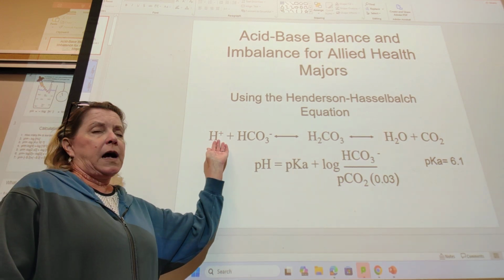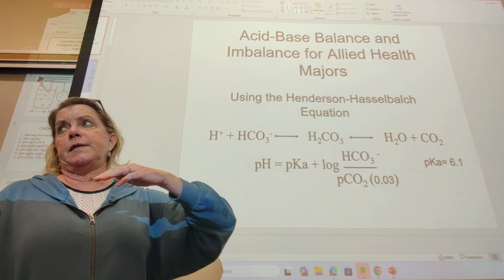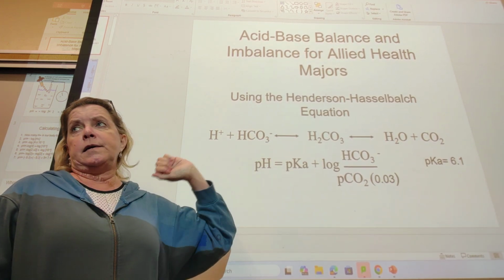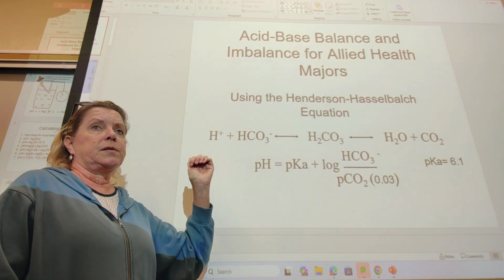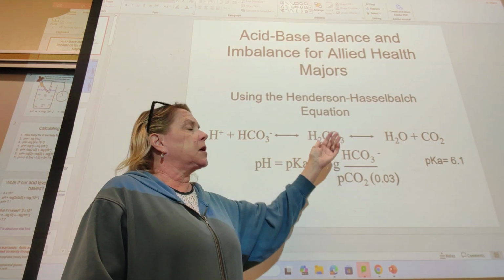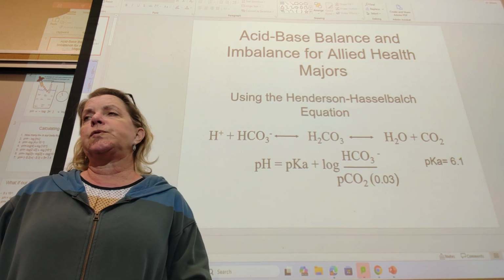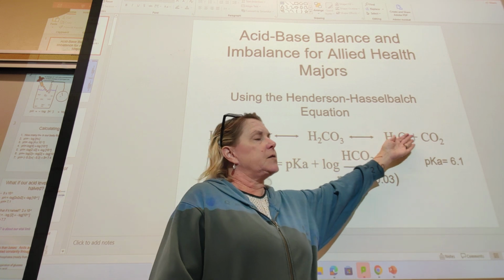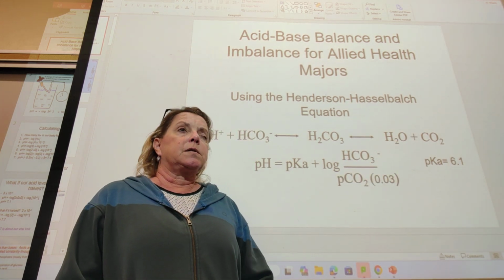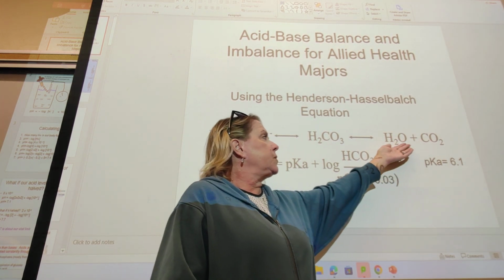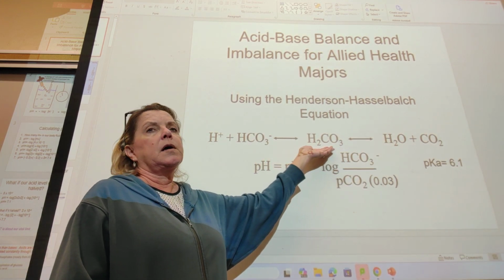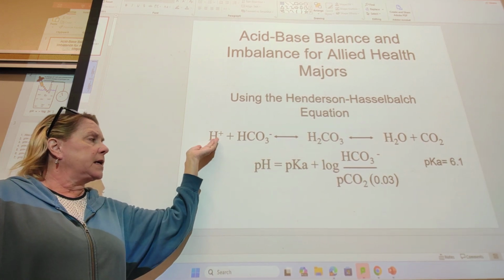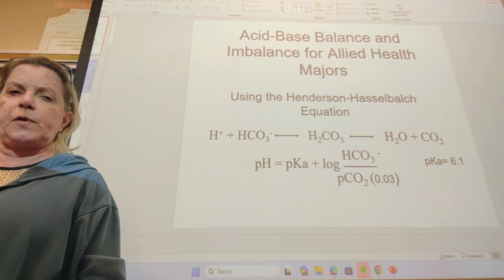This is showing you that hydrogen ions, very acidic, can combine with bicarbonate, an anion. We think of that as a base. And then they combine to form carbonic acid, H2CO3. That can dissociate into water and CO2. Similarly, water and CO2 can combine to form carbonic acid, which can dissociate into bicarbonate and the hydrogen ion, or I should say carbonate.